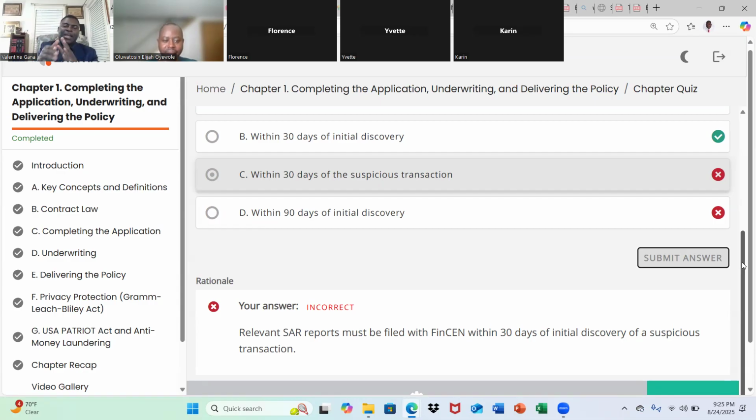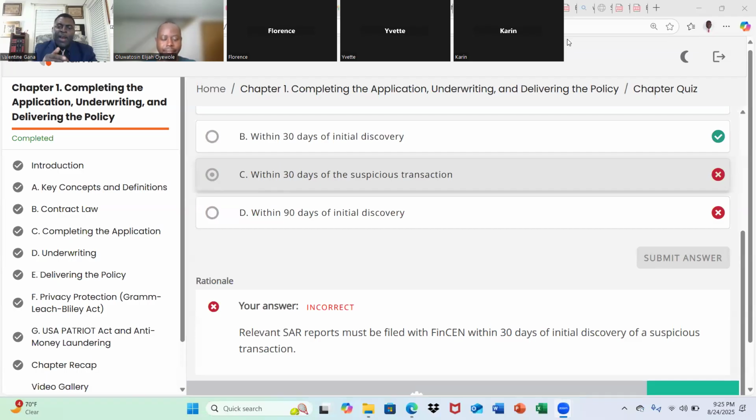This is something that came out of the 2001 Patriot Act, where they found a lot of the banking system was used to move money that they used for 9/11. After that, they came up with a whole body of law to monitor transactions, especially transactions that throw a red flag.